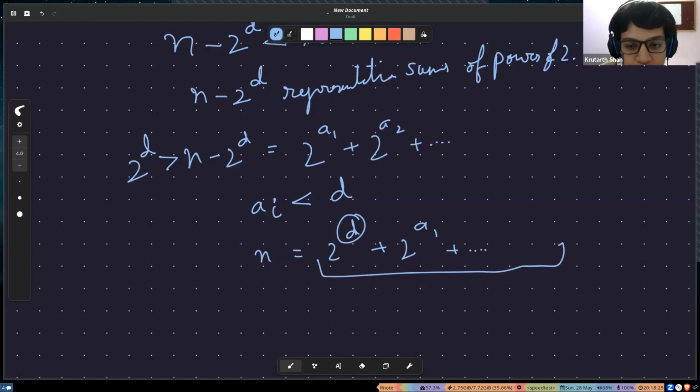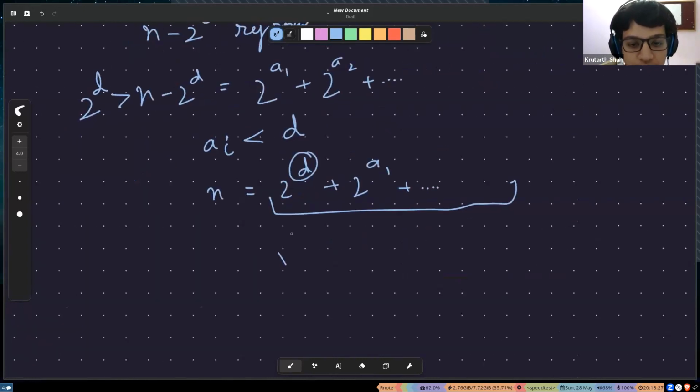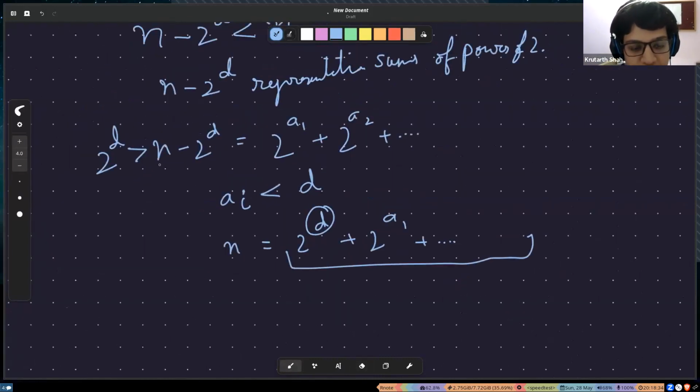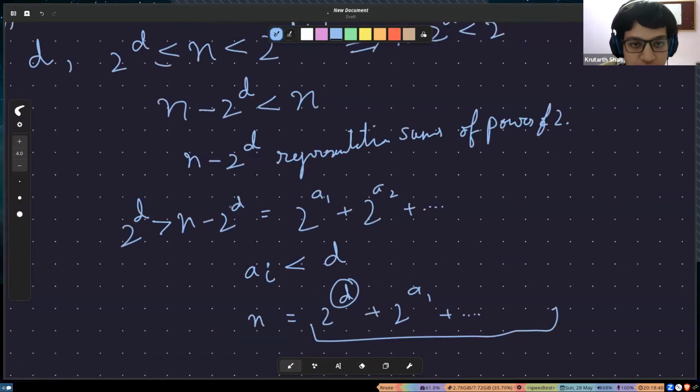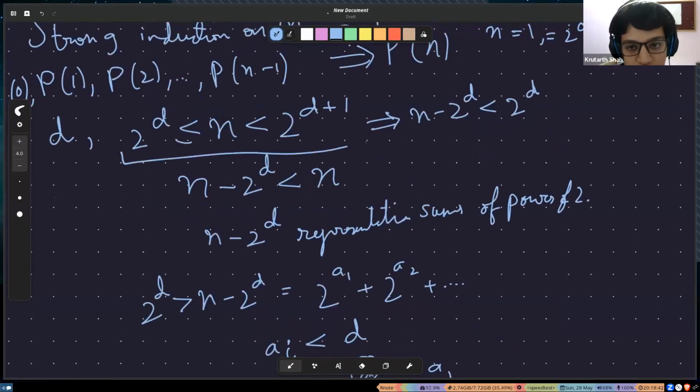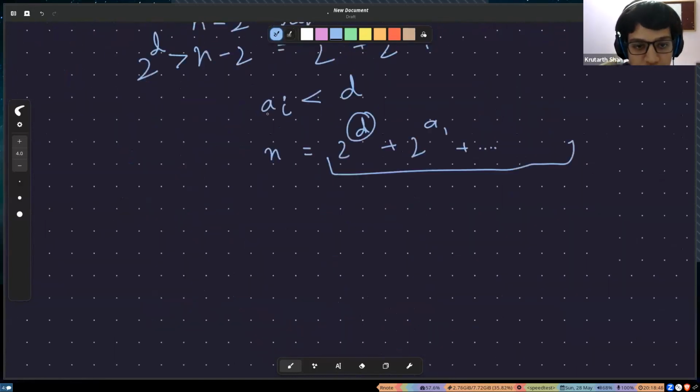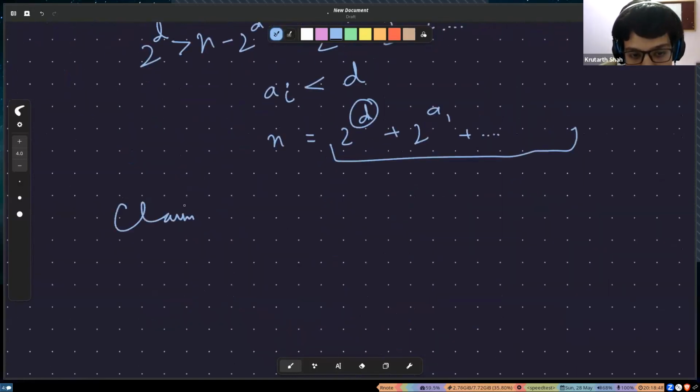To show it's unique, you basically do the same thing. The representation of n minus 2 to the power of d is also unique. And for each n satisfying this, it must have a 2 to the power of d term.